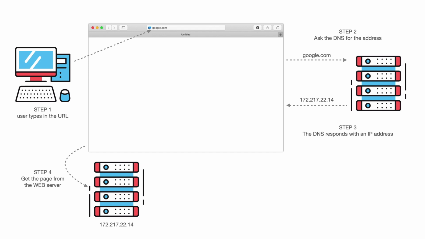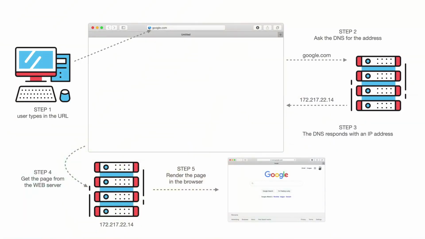So the browser takes the code from the web server and uses it to build a page that we humans can look at. That code is telling the browser how the page needs to look and what it should contain. And the big part of it is the HTML code, the subject of this course.